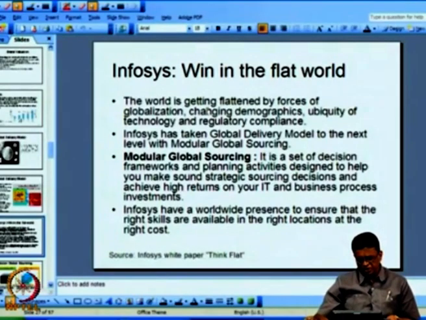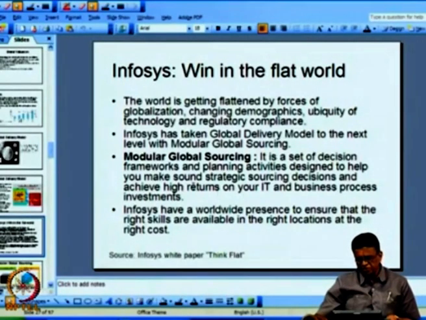If you really see, the white paper of Infosys tells how Infosys wants to win in the flat world. So, it gives you this modular global sourcing. What is it?